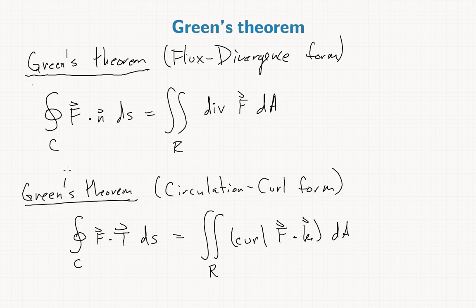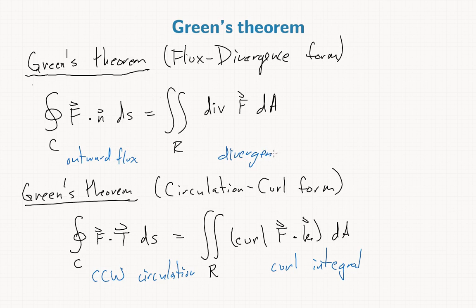So here this one's measuring the counterclockwise circulation, and that's equivalent to this curl integral. And then this one's measuring outward flux, and this is the divergence integral. We might also call this one the normal form, and this one the tangential form.